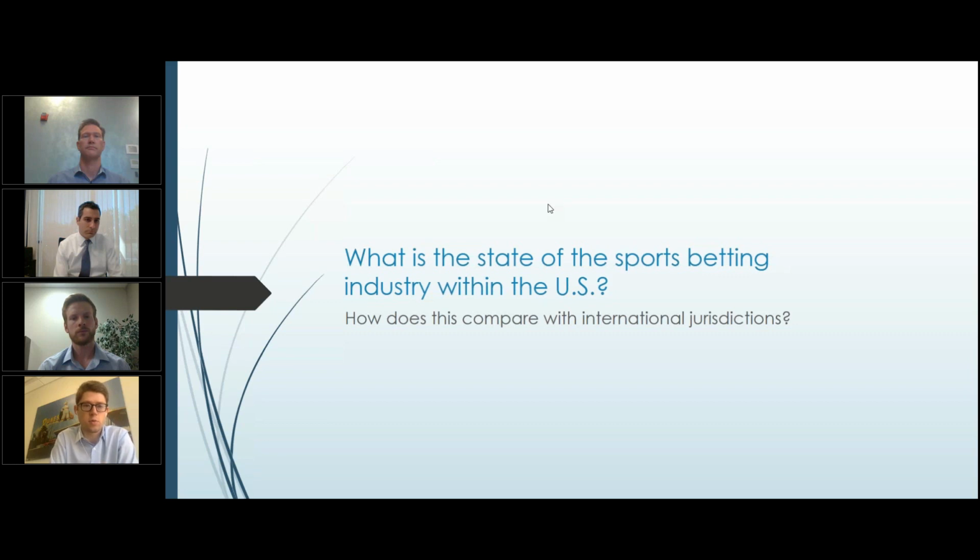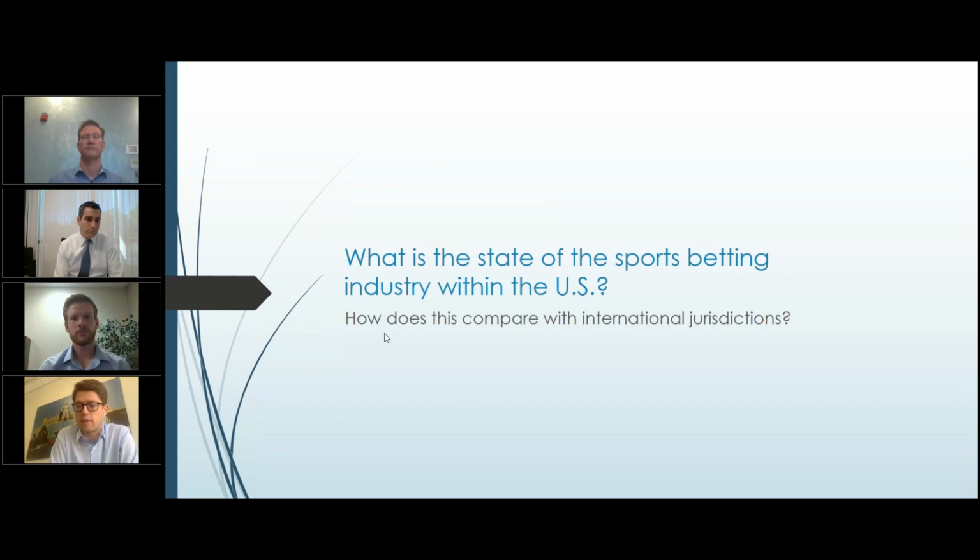And yet, despite the structural and the product differences, if you look at the UK, a market where sports betting is incredibly mature and has been around for a very long time and in many, many forms, you see consumer spend per capita on sports betting annually look, in some instances, a little bit like Nevada.